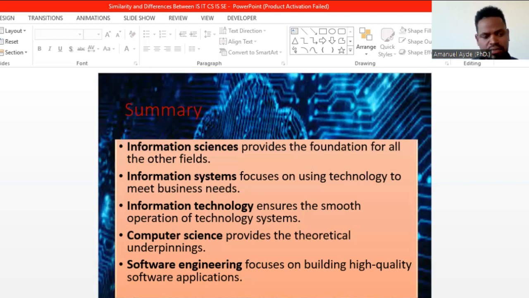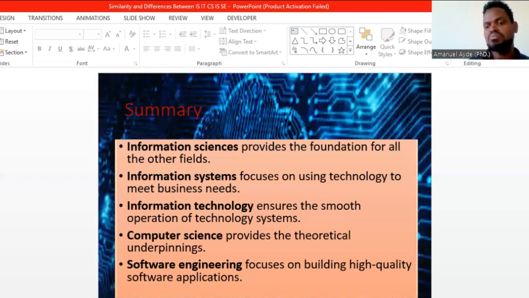There is also similarity because they share common understanding from each other. That's why graduates from information science, systems, technology or computer science go to the same environment. If you apply to a given bank or business, you can compete equally with others because there is no big difference.